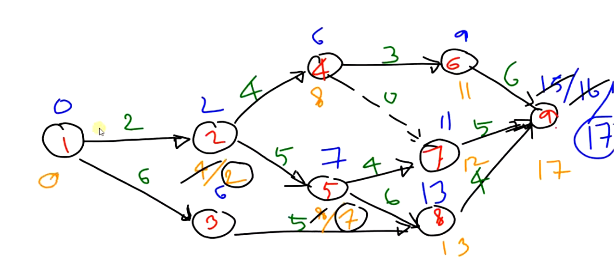And there will be another value, that is from 3 to 1. What will be the TL value of 3? It will be 13 minus 5, which will give you 8. Okay. Then what will be the value here for 1?